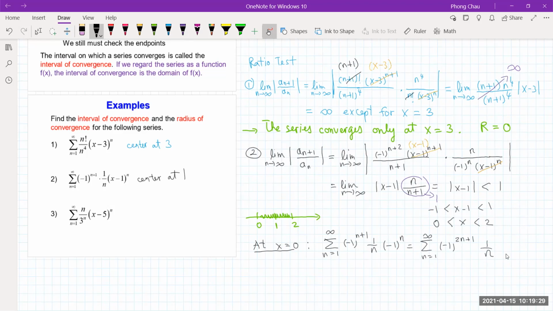Now think again about this quantity. If you plug in 1, you can write a few terms and you can see. If you put 1 in, that's the third power, negative 1 to the third power is negative. You have n is 2, 2 times 2 plus 1 is 5, negative 1 to the 5th power is negative 1. Then if you have 3, you're going to have 7 power, still odd power, going to be negative 1.